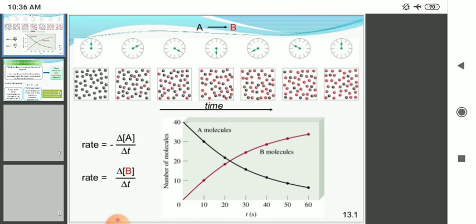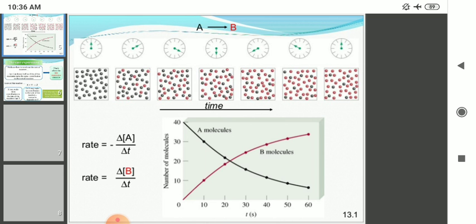Students, now we will learn the progress of that reaction we have seen in the previous slide. Look at this, the time as well as the progress of the reaction we have taken simultaneously here. At the start of the reaction, the concentration of A is 100%. But as time progresses, in the second box you will notice that some of the reactant molecules get converted into B, that is, the product.